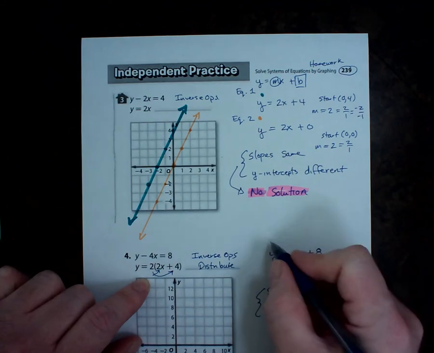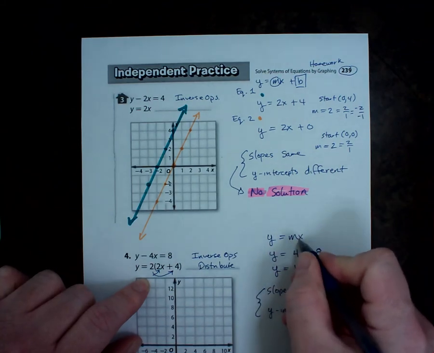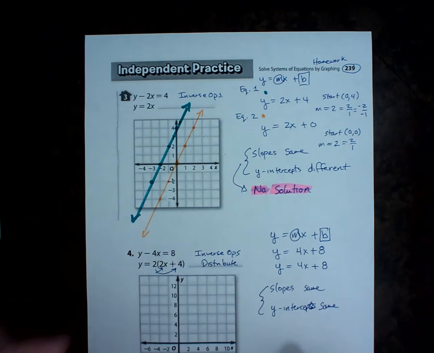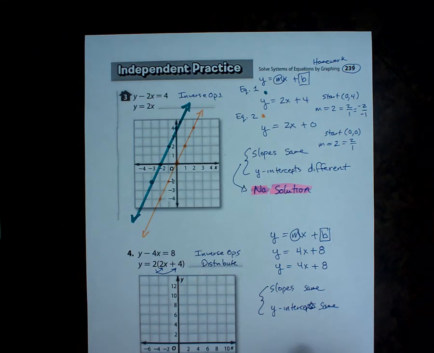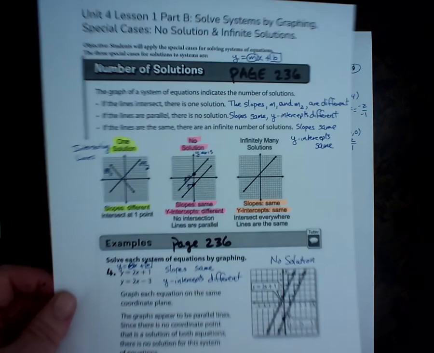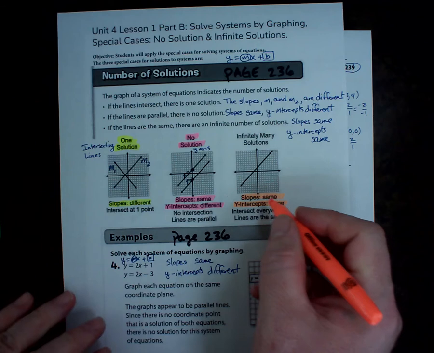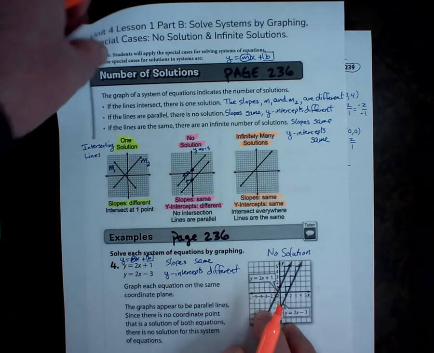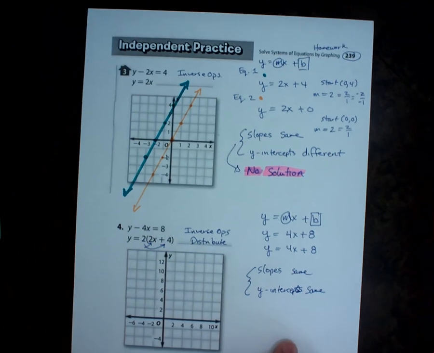So what is that when we have the slopes the same and the y-intercepts the same? Is that one solution, no solutions, or infinite solutions? And if we go back to our sheet here, slopes are the same, y-intercepts are the same, it's the same line. So you have infinitely many solutions.